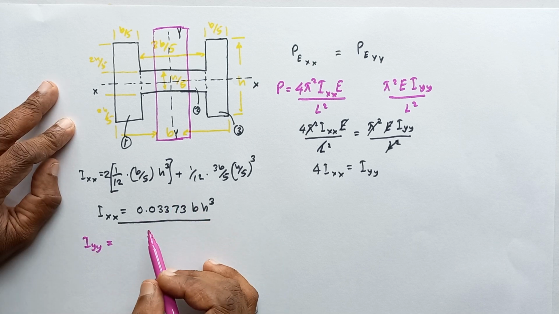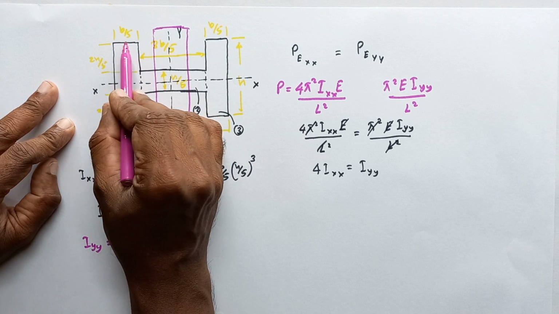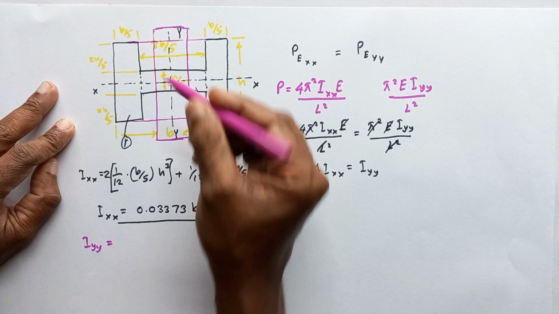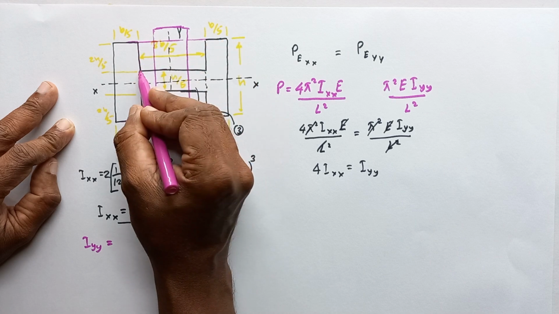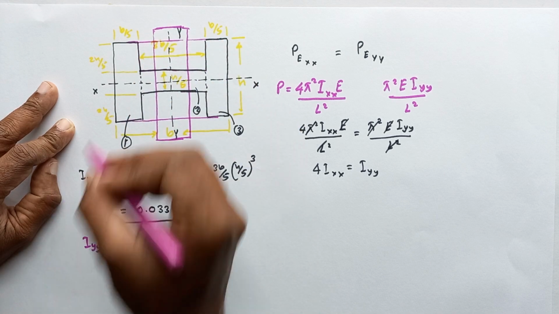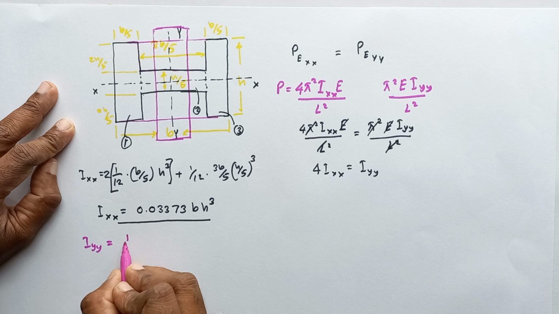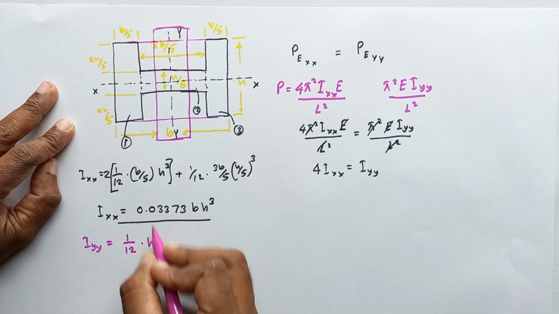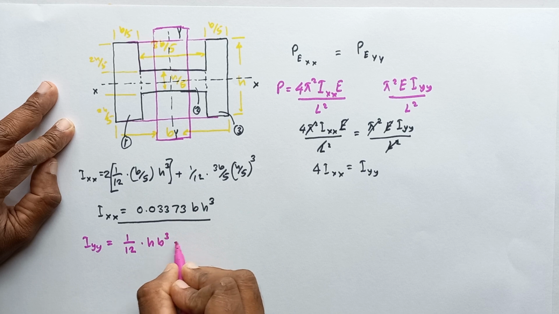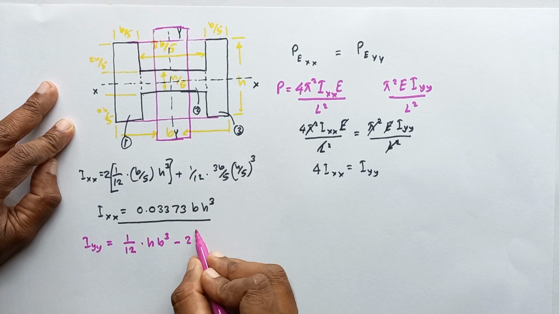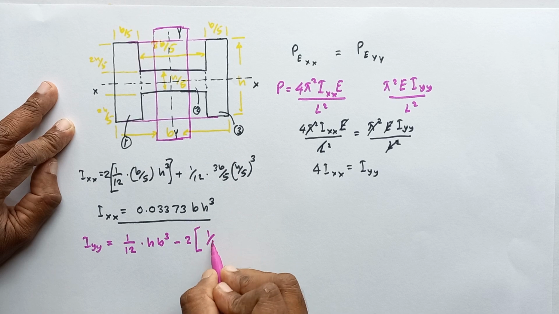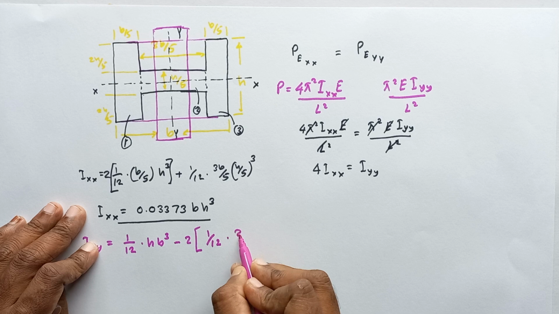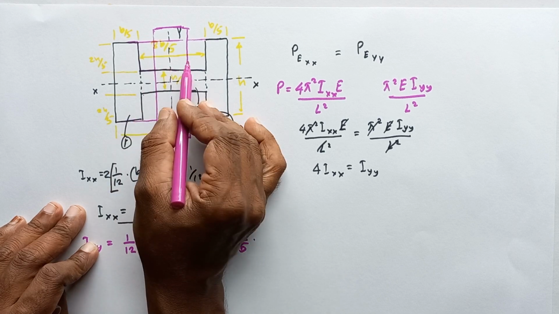Then I am going to calculate the Iyy. When calculating the Iyy, I am going to calculate the second moment of area of the total rectangular section, then subtract the rectangular sections' I values. For the whole area, 1 over 12, H B cube minus the 2 areas, 1 over 12, this length, H cube.